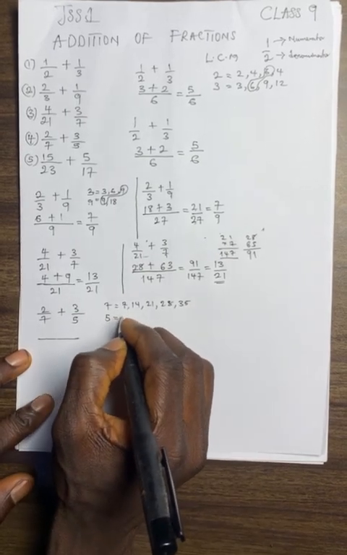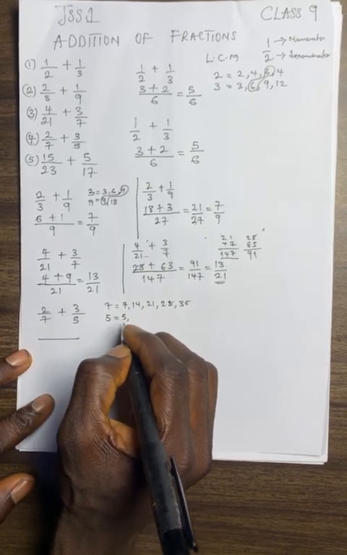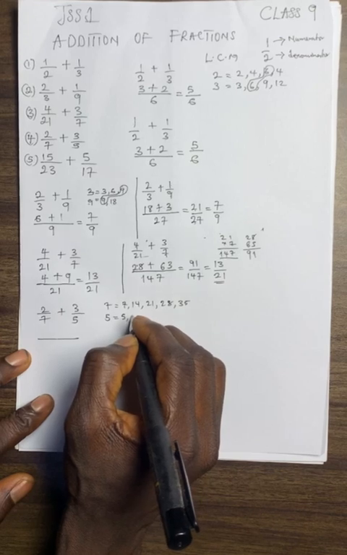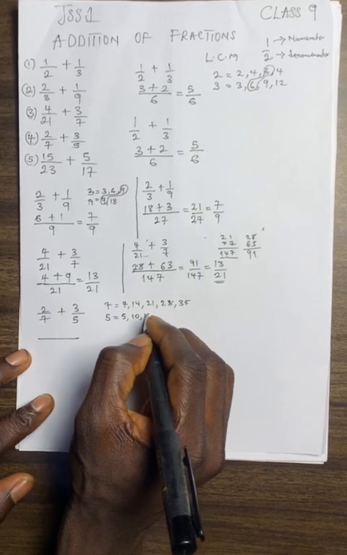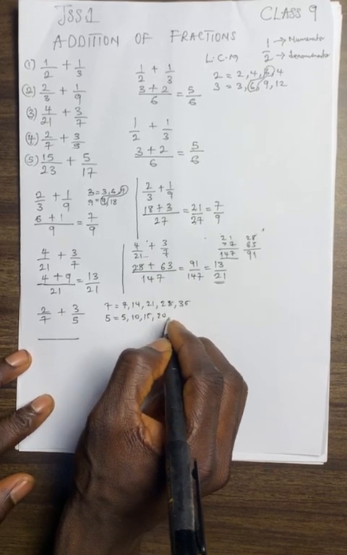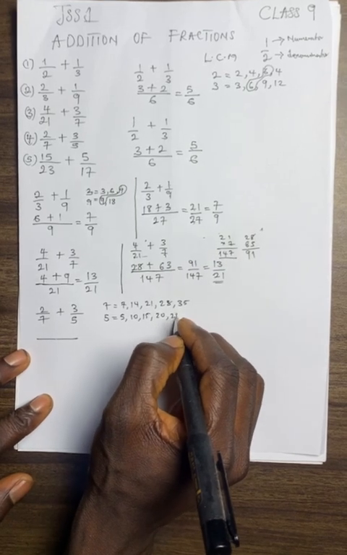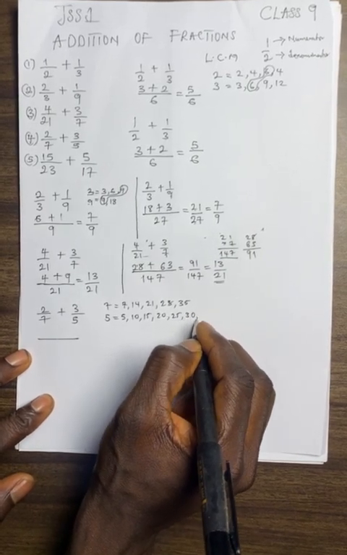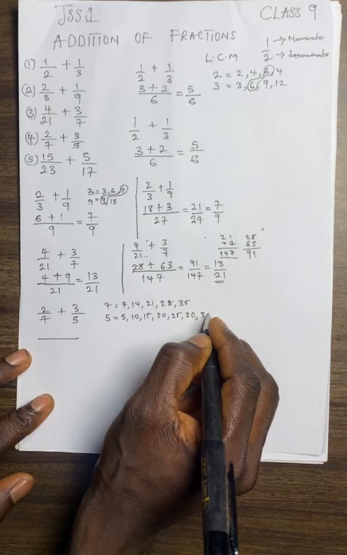So this one, 5 times 1 is 5. 5 times 2 is 10. 5 times 3 is 15. 5 times 4 is 20. 5 times 5 is 25. 5 times 6 is 30. 5 times 7 is 35.